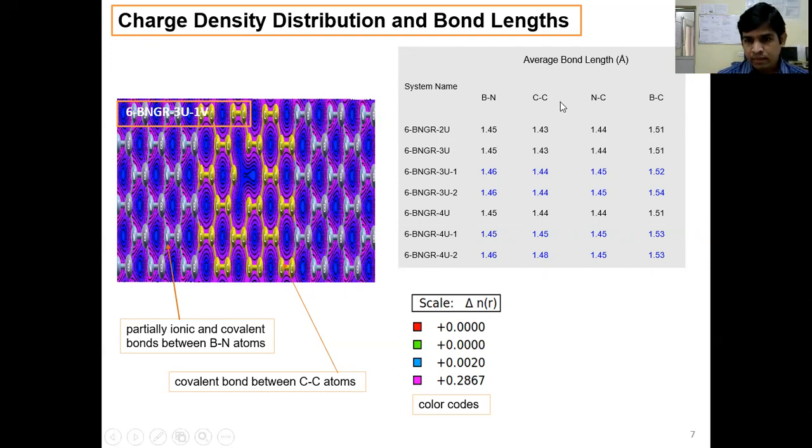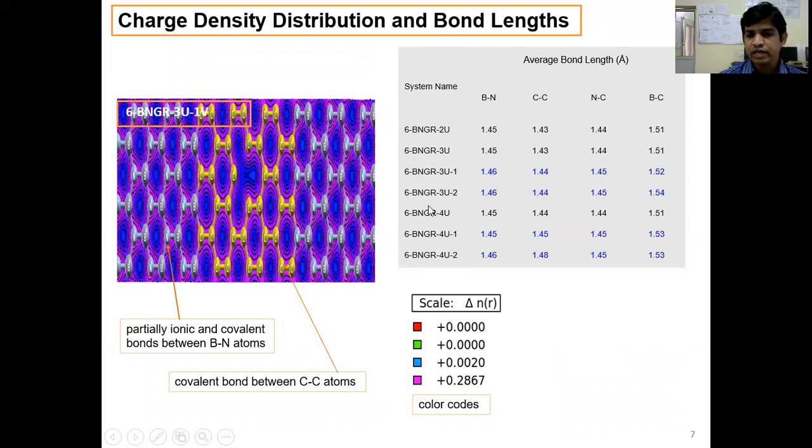This table represents the variation in the bond lengths between the atoms without vacancy and with vacancies. We can see without vacancy, the bond length between boron and nitrogen is around 1.5, but when a vacancy is produced, it is increased by 0.01. Similarly, for C-C, it is further increased in a similar manner, and between the other atoms, a similar thing is observed.